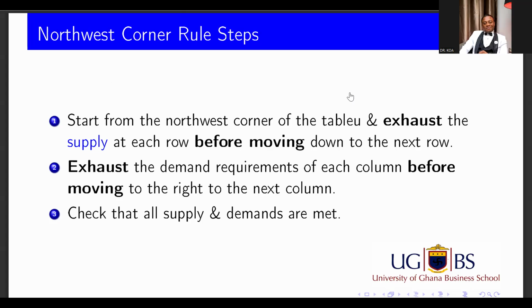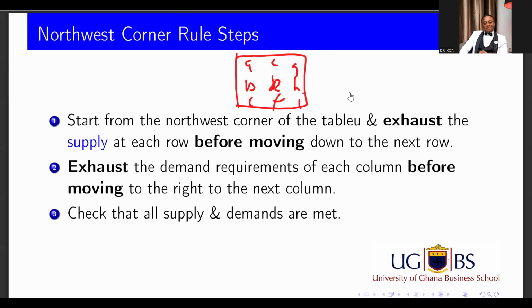So if I do this like this, and I say A, B, C, D, E, F, G, H, I. Where is the northwest corner? You can tell, A. Where is the southeast corner?